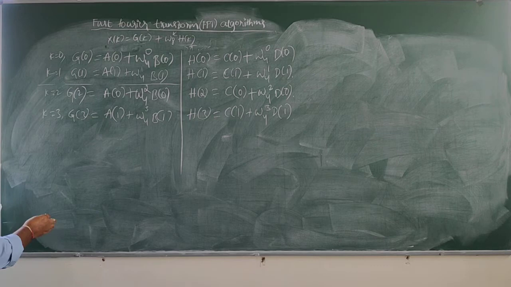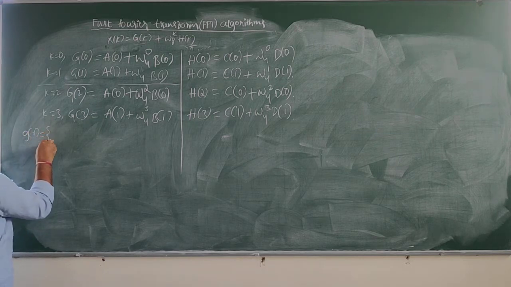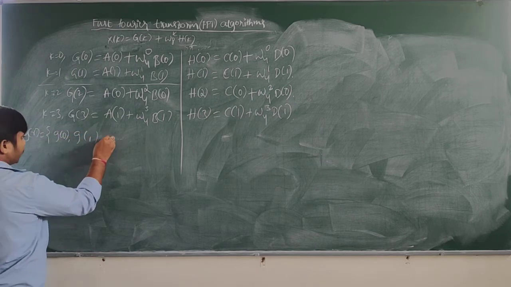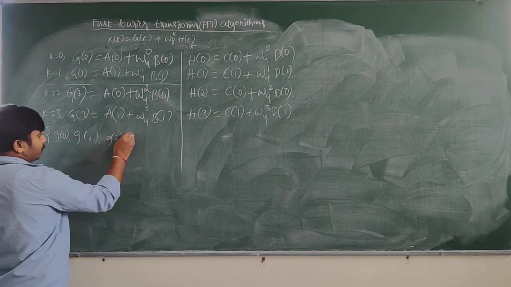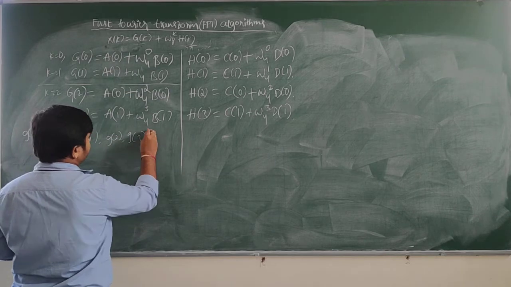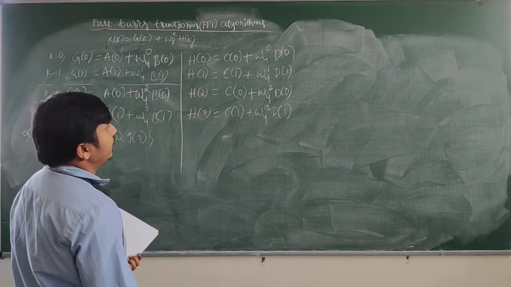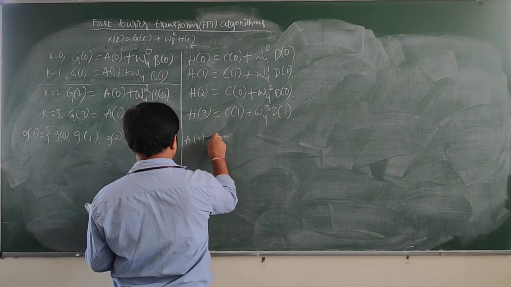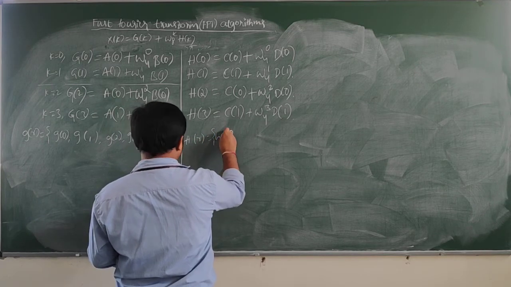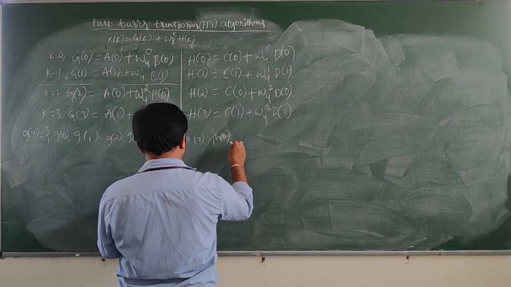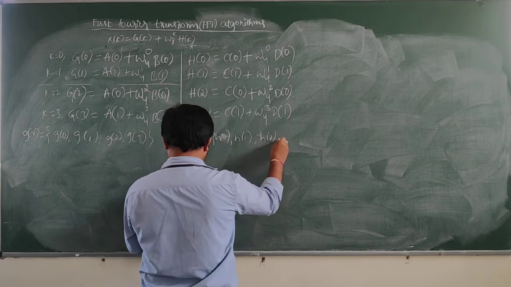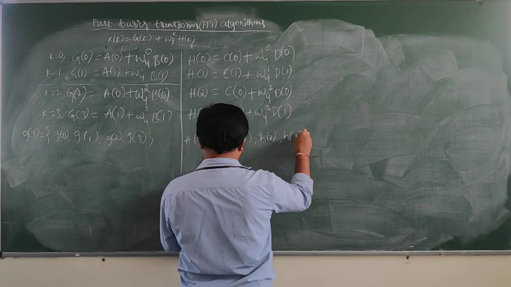So again we have two sequences, right? That is two sequences, g of 0, g of 1, g of 2, g of 3. Okay, and again I have h of r, which is h of 0, h of 1, h of 2, h of 3.